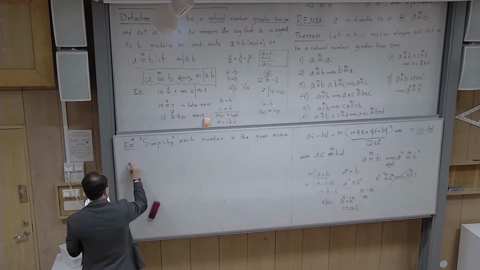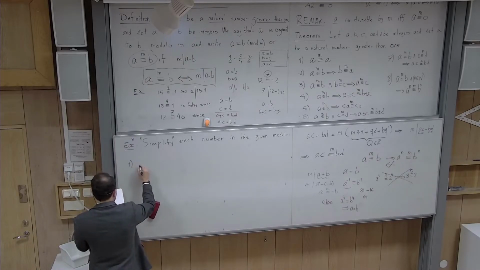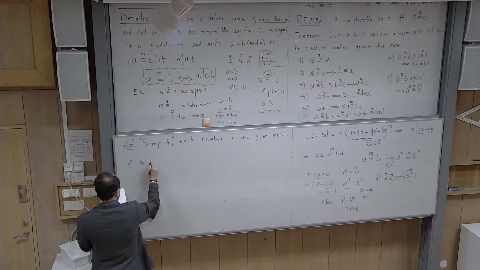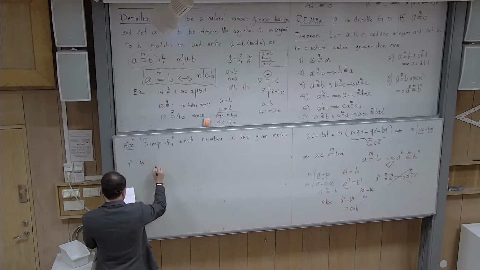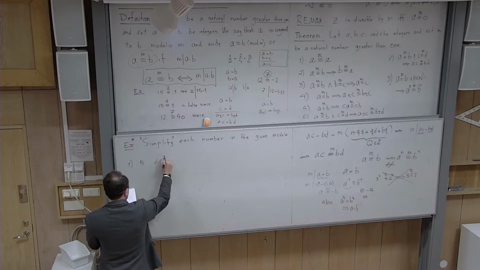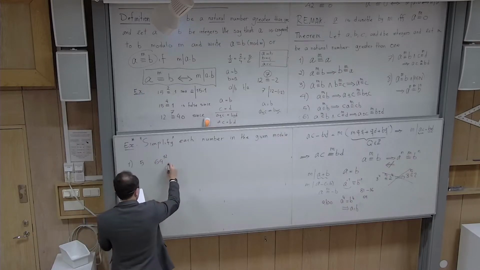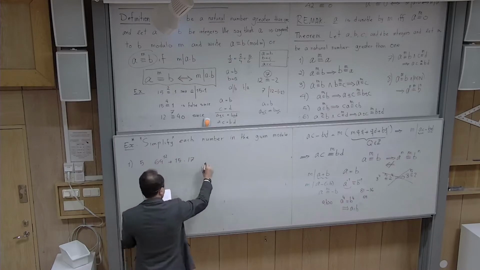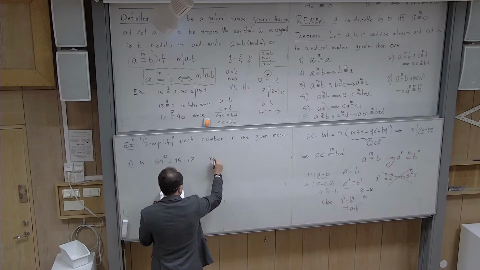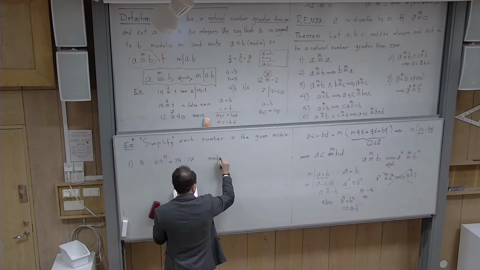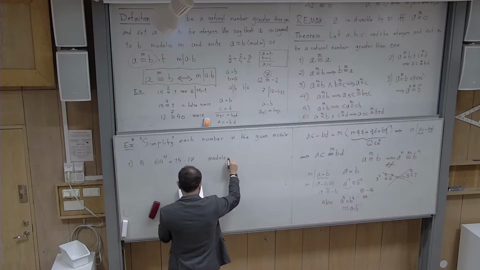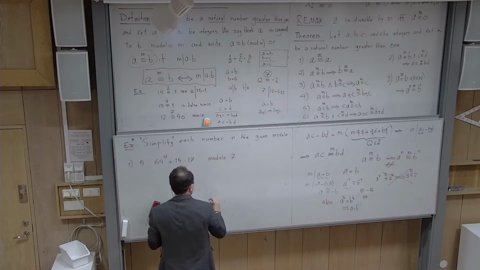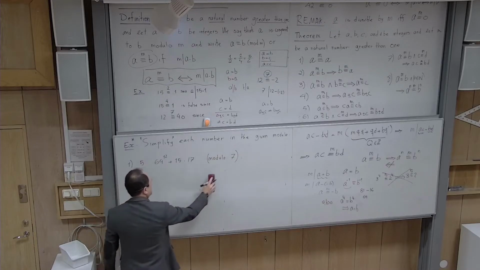So number 1, I want you to simplify this: 5 multiplied by 64 to the power of 12 plus 15 times 17, modulo 7. Or mod 7 if I want to use this symbol.